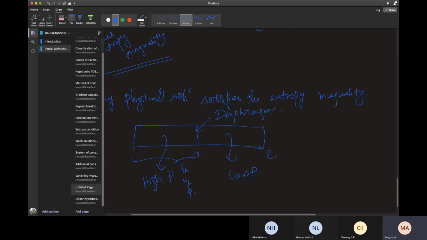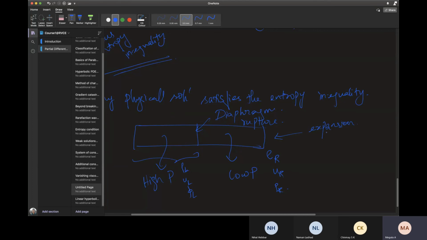Let's say rho L, UL, PL, and rho R, UR, PR. When you rupture this diaphragm, you will see expansion waves, shock waves, and contact discontinuities developing in this tube. That is what the shock tube problem is.